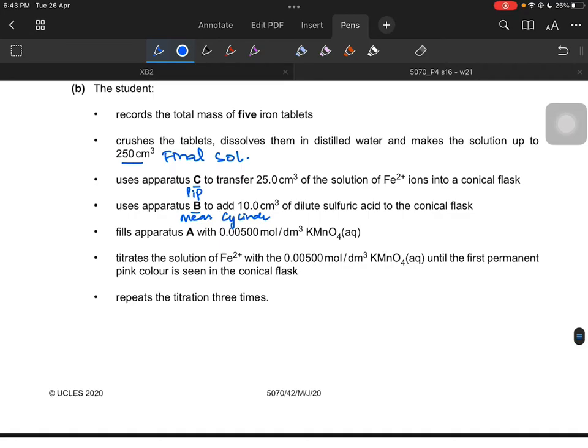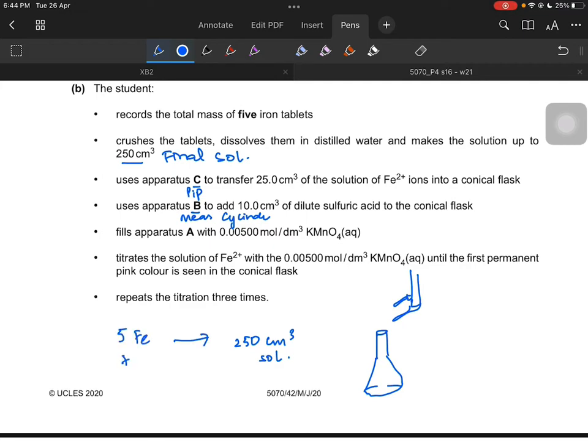So one thing is clear for us. If we look at the overall picture that the student is doing, in the conical flask, there is a burette over here, and at the same time, it is talking about a 250 centimeter cube solution. So we have a total of 250 centimeter cube solution, which was made by the 5 iron tablets.